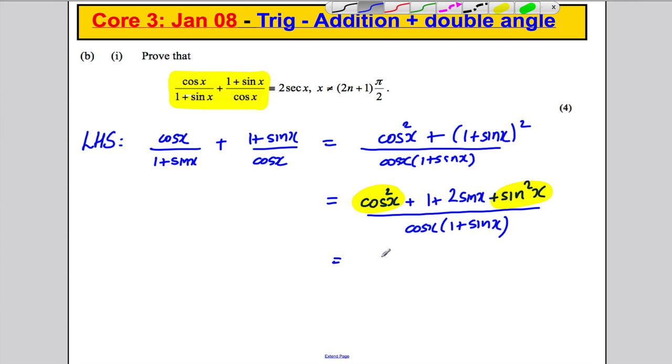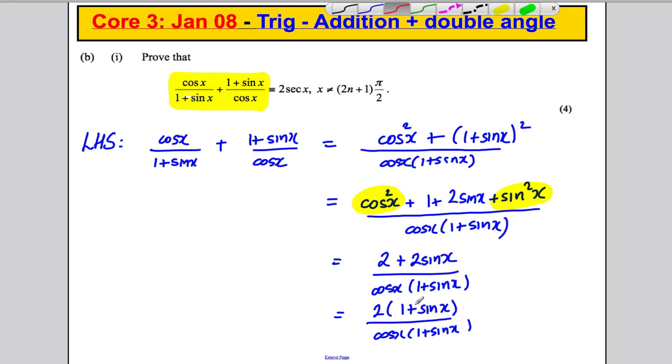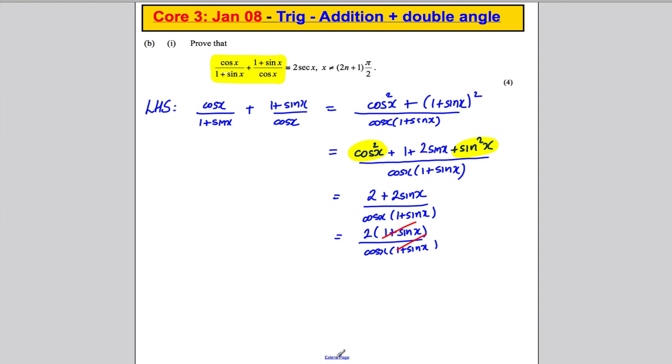So the top would be 2 plus 2 sine x over cos x times 1 plus sine x. You could factorize out a factor of 2, giving 2 times 1 plus sine x over cos x times 1 plus sine x, and then that's where the magic happens. The 1 plus sine x cancels, and you get 2 over cos x, which by very definition is 2 sec x.